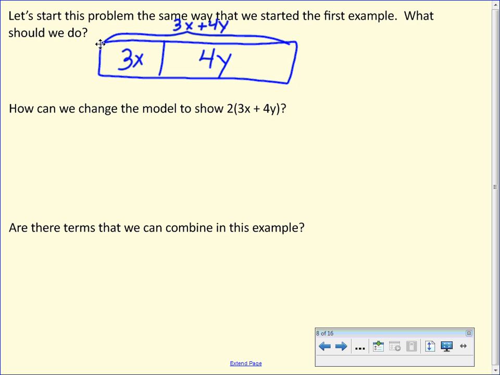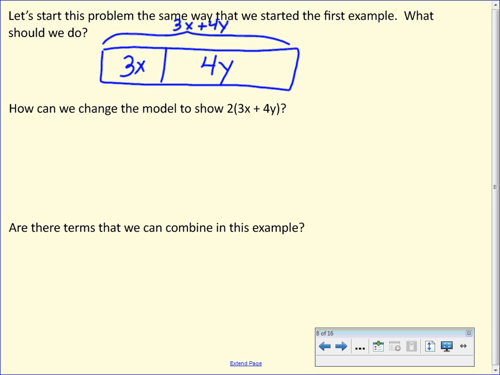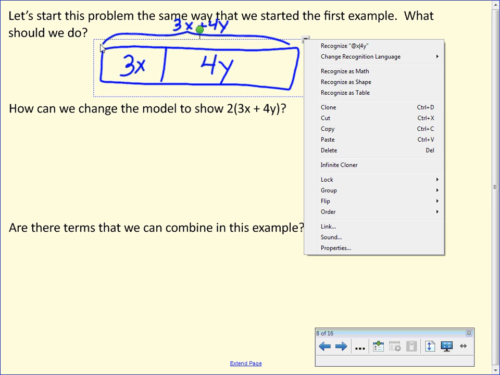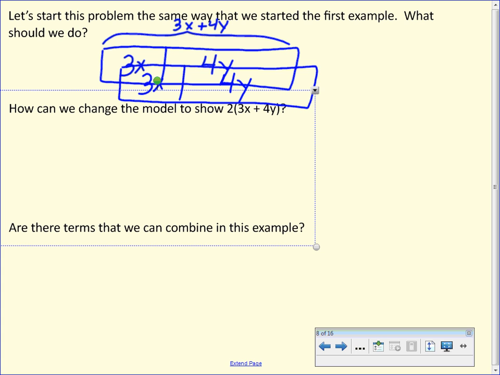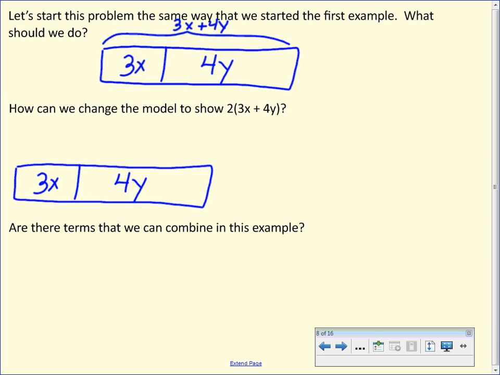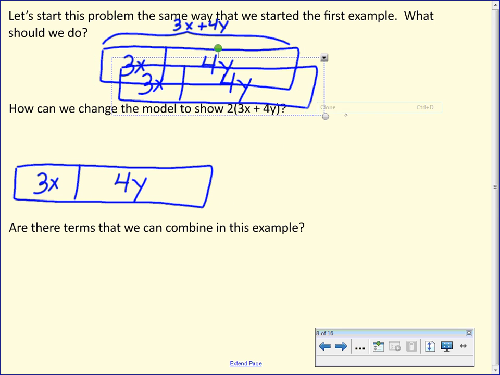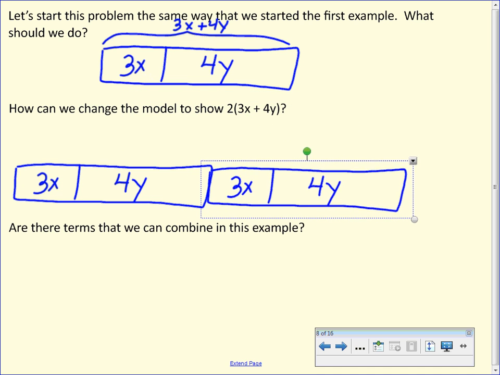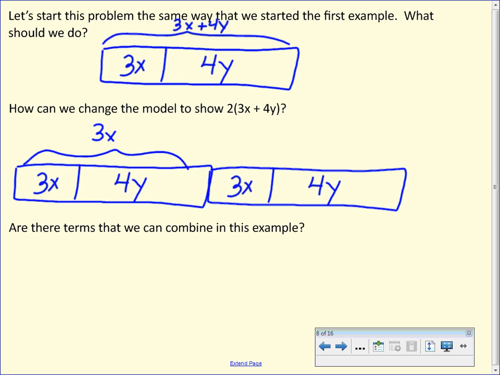But I don't want just one of them. We want to double it. So here's 1. And there's 2. So here's one group of 3x plus 4y. And here's another group of 3x plus 4y. So I took the expression and I doubled it. So far, so good?